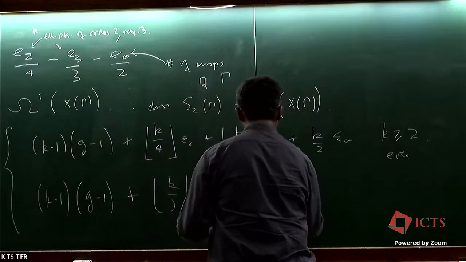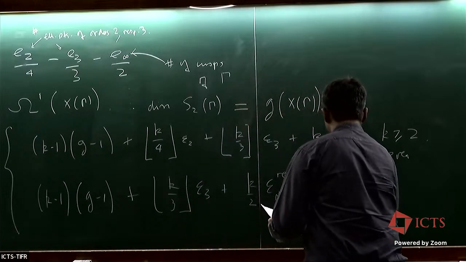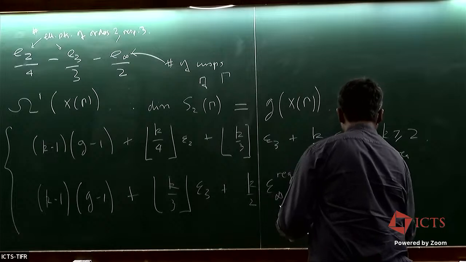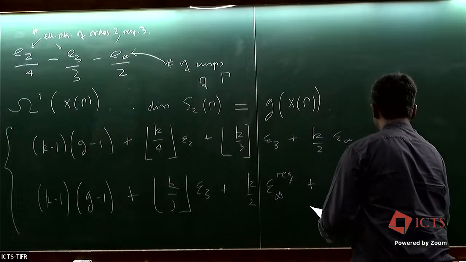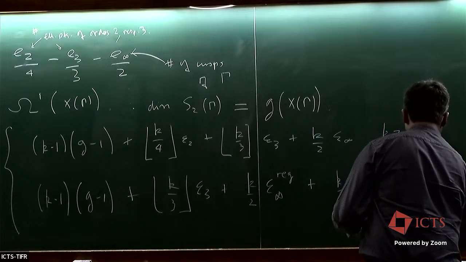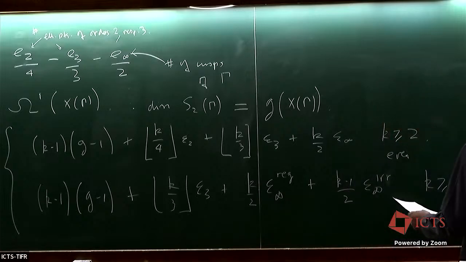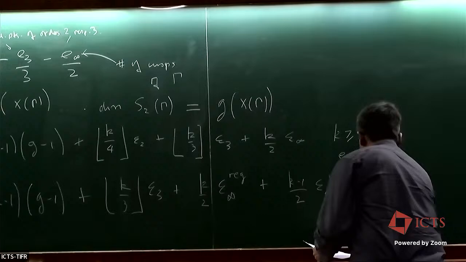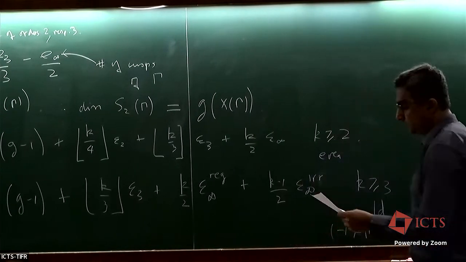Part of the reason I want to do this is I want to write these words down, regular and irregular. Minus 1 over 2 epsilon infinity, irregular, if k is greater than or equal to 3, odd. And maybe if minus 1 doesn't belong to gamma. If minus 1 belongs to gamma, you basically get 0.